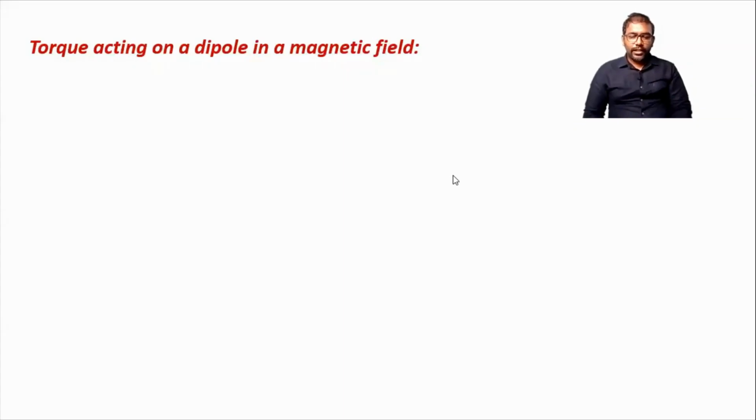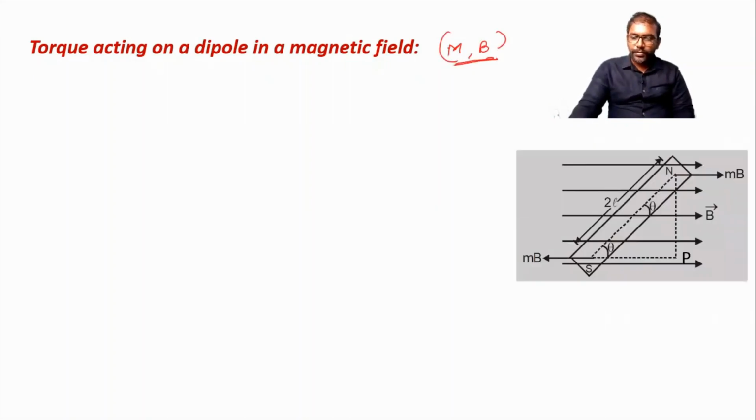Now the next article is torque acting on a dipole in a magnetic field. We consider a magnetic dipole of dipole moment capital M placed in an external magnetic field B, as shown below. So you can see here this is a dipole which is placed in a magnetic field whose magnetic induction is B. Now here we have to discuss the forces acting on these poles.